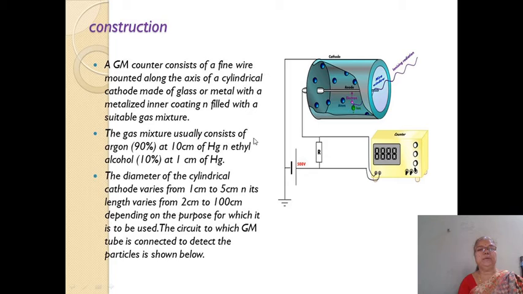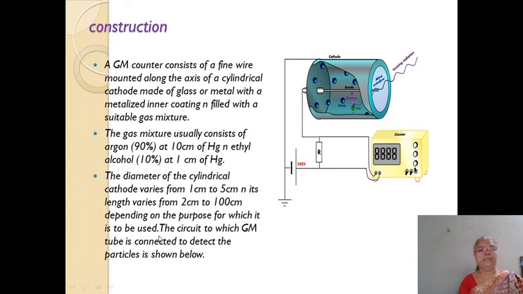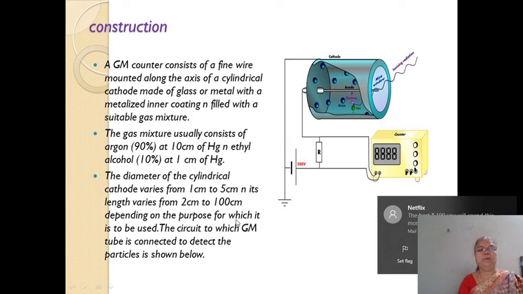The gas mixture usually consists of argon 90% at 10 cm of Hg and ethyl alcohol 10% at 1 cm of Hg. These are the pressures. The diameter of the cylinder cathode varies from 1 cm to 5 cm. Its length varies from 2 to 100 cm depending on the purpose for which it is used.